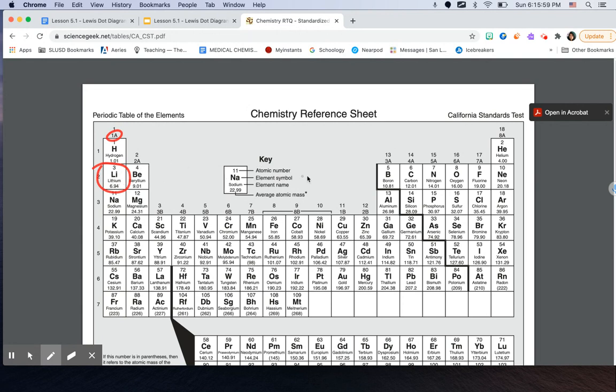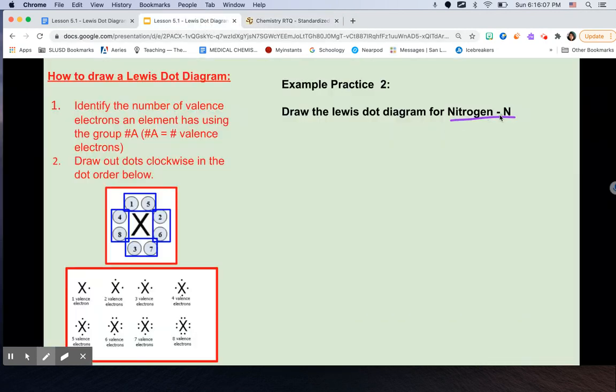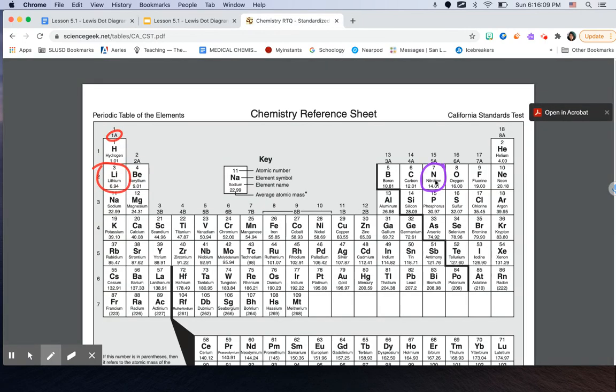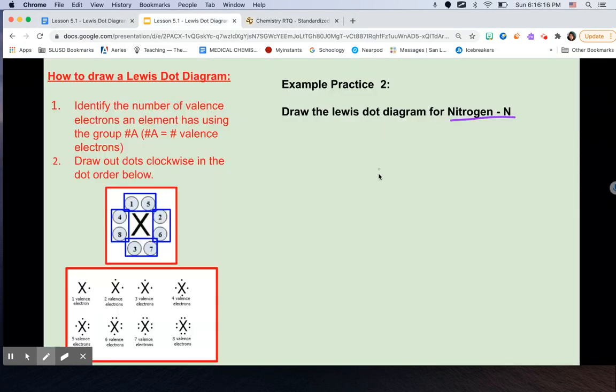So I'm basically looking for the letter N, which is here, or the name nitrogen. If I see nitrogen, N, it is in group 5A. So that tells me I need to draw 5 dots. So 5A is 5 valence electrons, meaning I need to draw 5 dots.